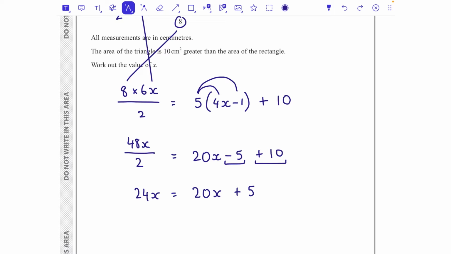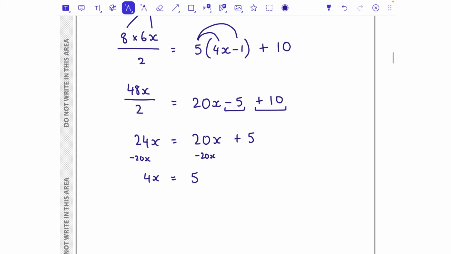What am I now going to do to both sides? Well, let's take 20x away from both sides. So 4x equals 5, and then we can divide by 4. So dividing this side by 4 and dividing this side by 4, x is 5 over 4.